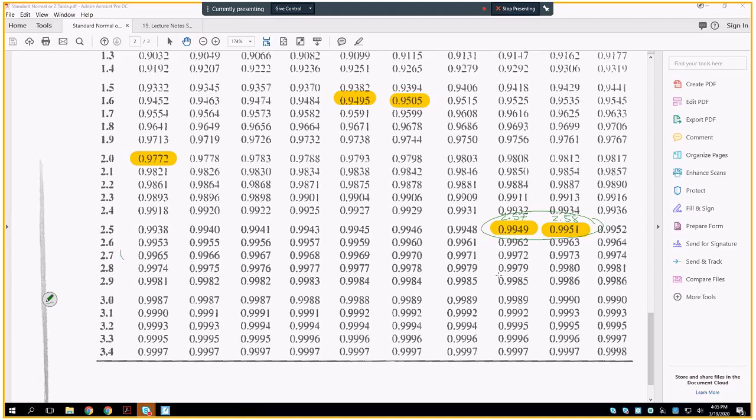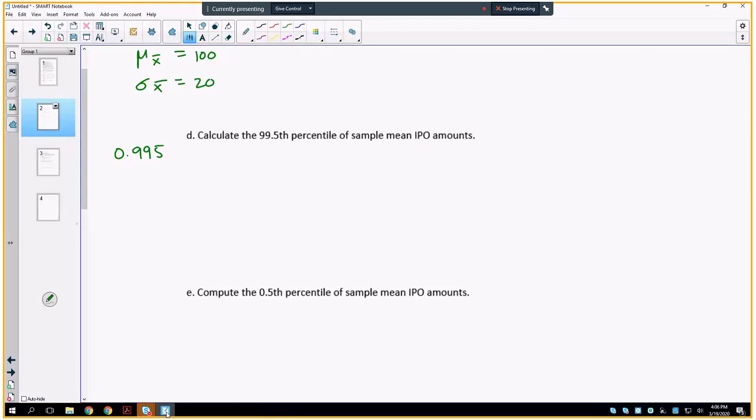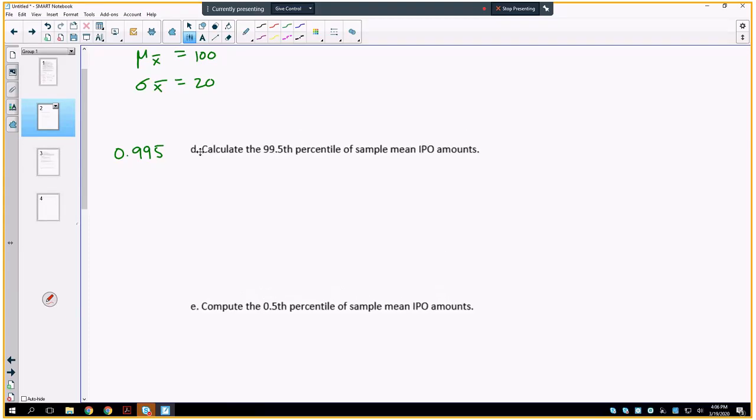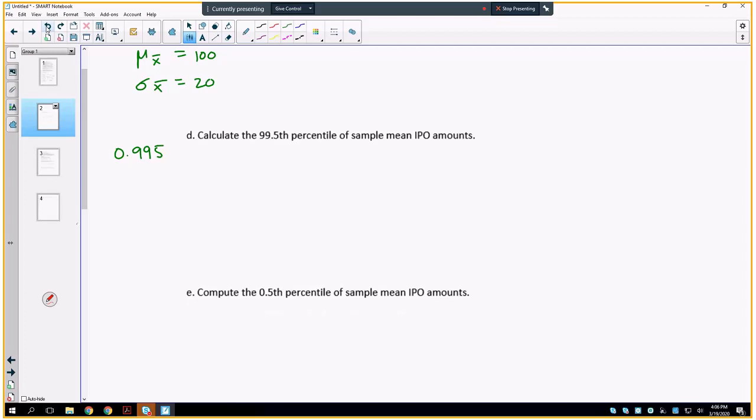So we'll just take the average of those two. Let's go back to our problem. So we have that z is equal to the average of 2.57 and 2.58. I add them up and divide by 2, and I find 2.575.